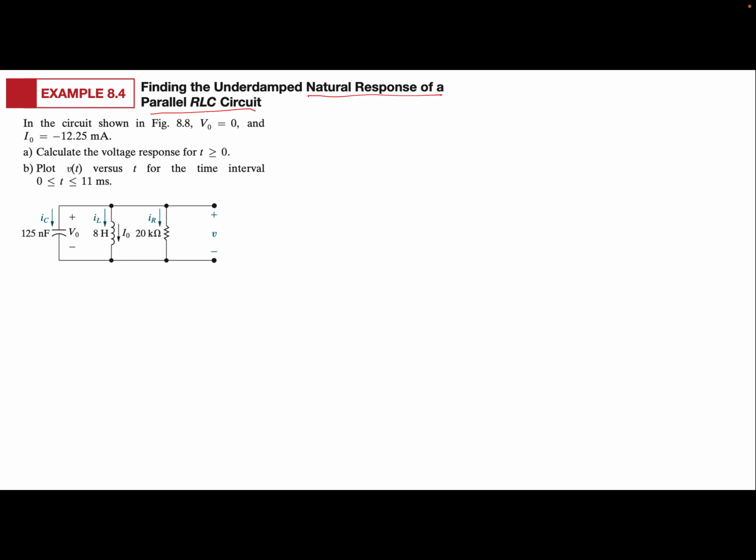We have the values of the capacitance, inductance, and resistance given already. Interestingly, the problem already gave us the initial voltage across the capacitor as V naught, and the initial current through the inductor as I naught. The initial voltage across the capacitor is V naught.